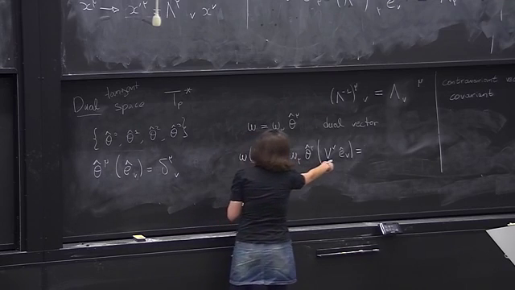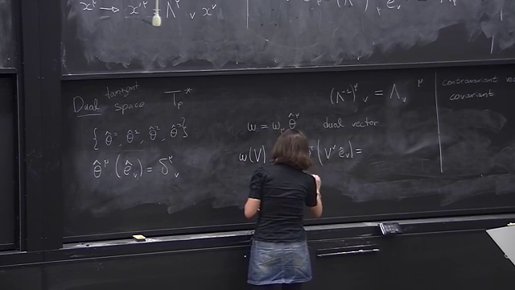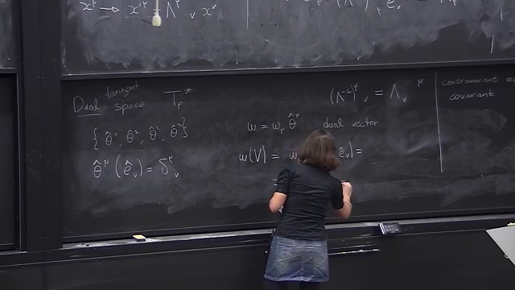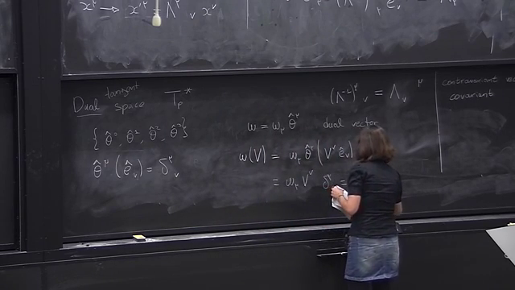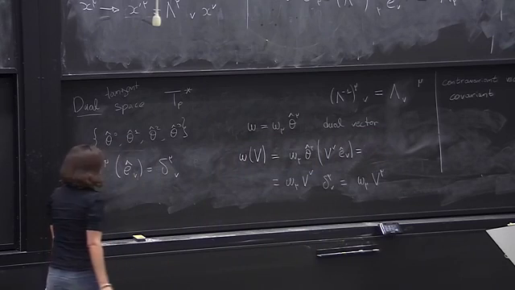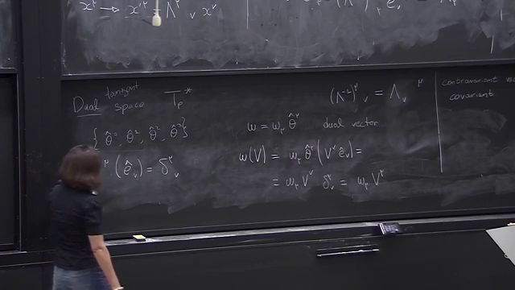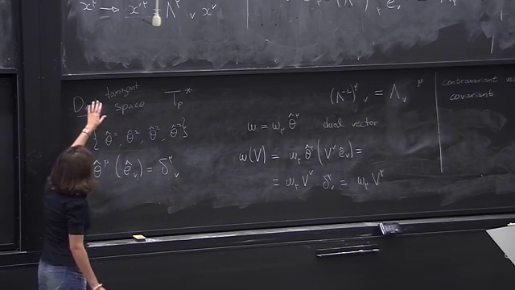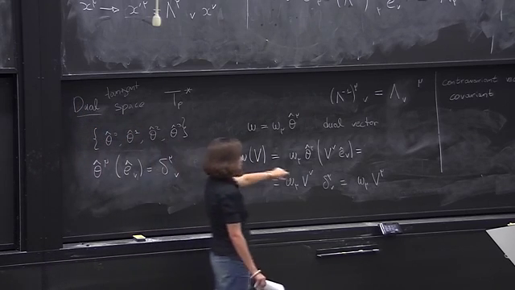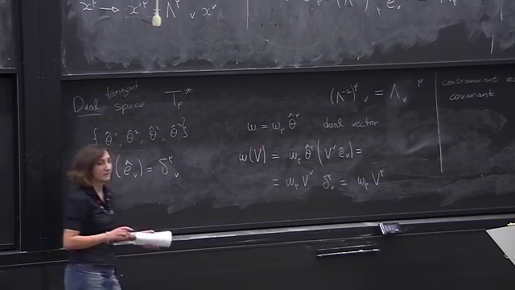This is a linear operator, so I can pull V nu out of the brackets. And then I get omega mu V nu delta mu nu, or omega mu v mu. And this is our usual scalar product. So dual vectors take us from vectors in our tangent space to scalar products, which are just real numbers. Does this make sense?